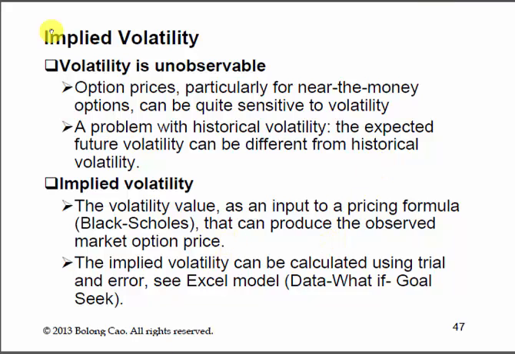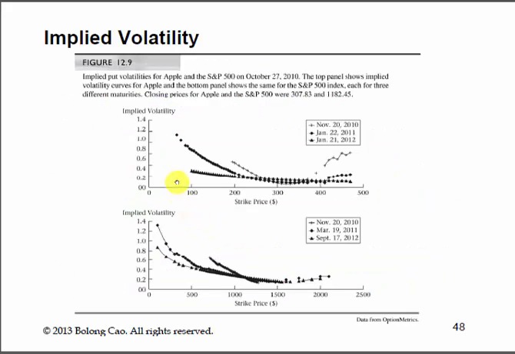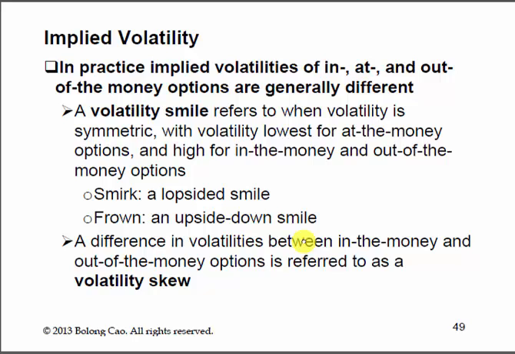All right, so that's where the implied volatility comes from. And this is what it looks like. And look at these shapes. They look like a smile, right? This kind of U shape looks like a smile. In practice, or in reality, the observed implied volatilities of in the money, at the money, and out of the money options are generally different.